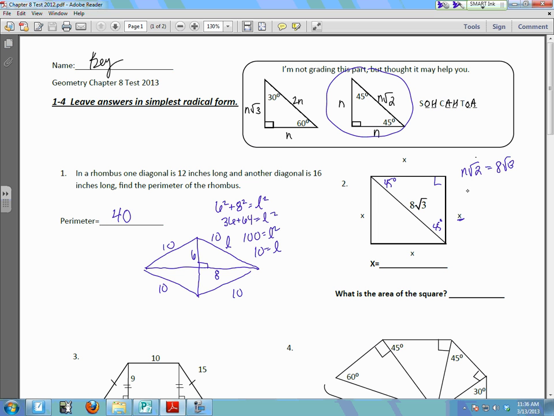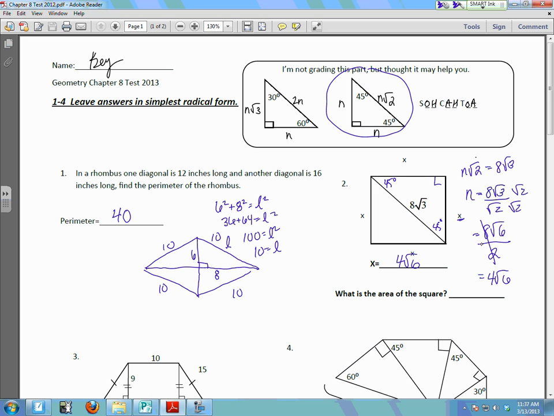Divide by radical 2, so n is equal to 8 radical 3 over radical 2. That's basically my answer, but we don't like radical 2 in the bottom, so I'll multiply by radical 2 over radical 2. That gives me 8 radical 6 up top and a positive 2 on the bottom. The 8 and the 2 cancel each other out and give me 4 radical 6. So 4 radical 6 is x.